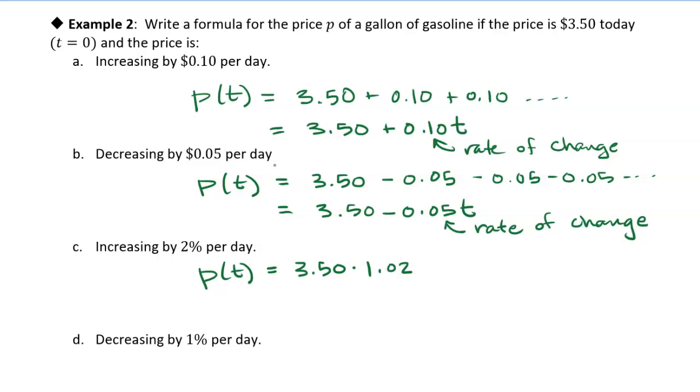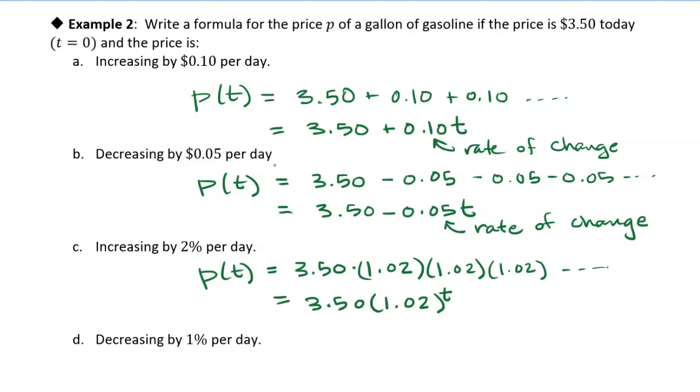We're just adding the growth rate plus 1, so it's 100% plus 2%. I'll put it in parentheses, might be easier to read that way. And that's after 1 day. If we want it after 2 days, it's going to grow by 2% again, and then 2% again, and so on each day. And so we end up with 3.50 times 1.02 to the t.